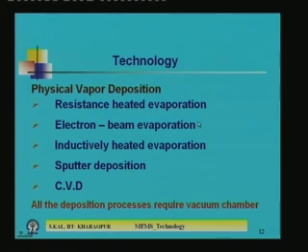Electron beam evaporation I have discussed, inductively heated evaporation I have discussed, sputter deposition and CVD. All these techniques which are used for film deposition, say silicon or polysilicon or oxide film, are also used for deposition of metal films. All the deposition processes require a vacuum chamber.